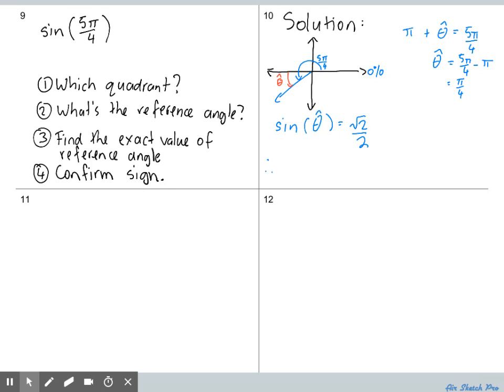Therefore, that's step 3. Therefore, the sine of 5 pi on 4 must be negative root 2 on 2. There we go. So effectively, that's step 1, that's step 2, that's step 3, and that is step 4.